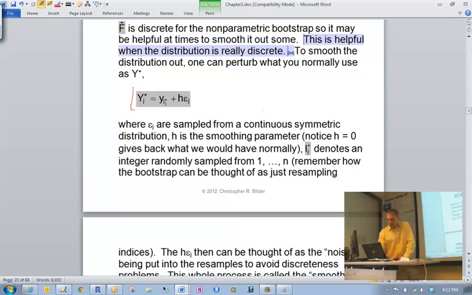Take your resampled value, and this is the book's notation, so if you don't like it, blame the book. Take your resampled value that we normally would call y star sub j to be the following. This little notation here basically just means how you would normally take your resample.